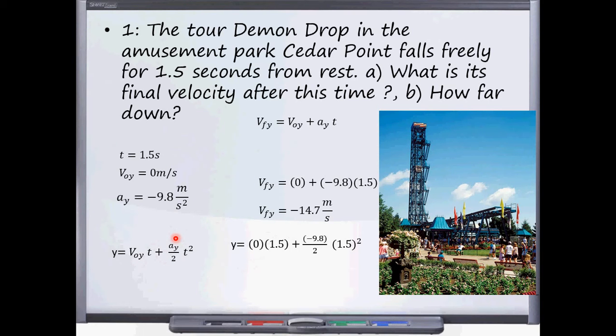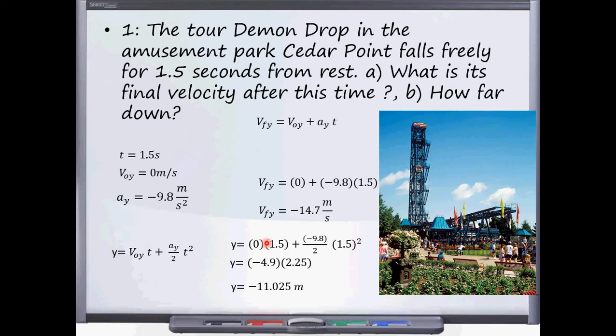Instead of acceleration, minus 9.8. Instead of the time again, 1.5. And then you solve this one. As you can see, you have only the 9.8 divided by 2, that is minus 4.9, multiplied by the square of 1.5, that is 2.25.